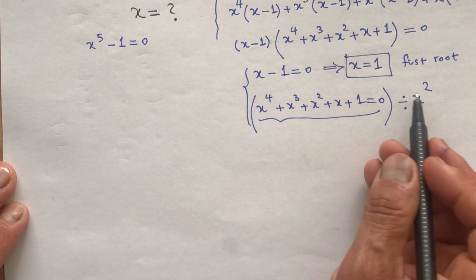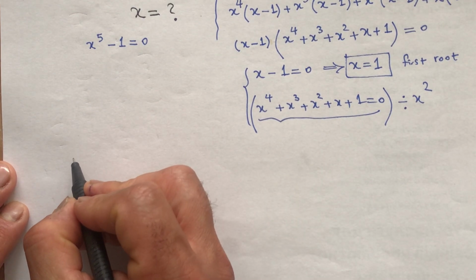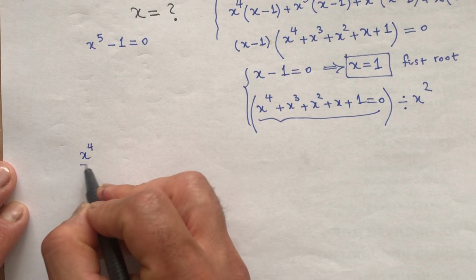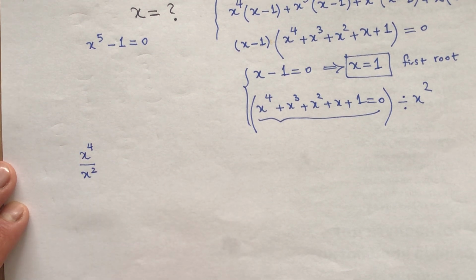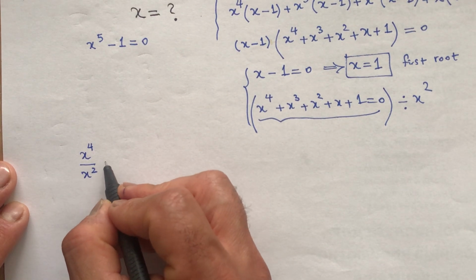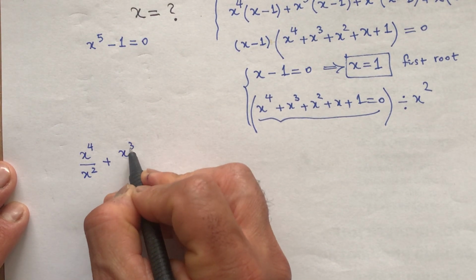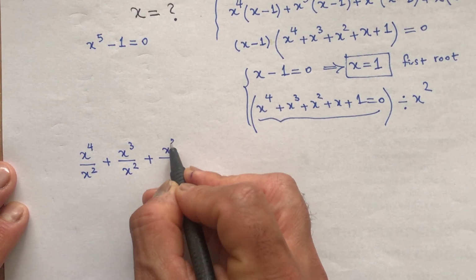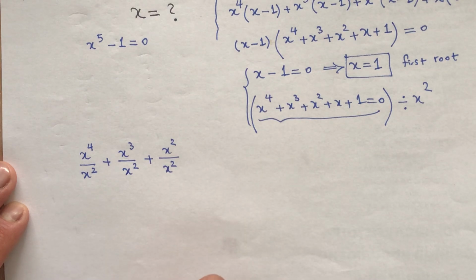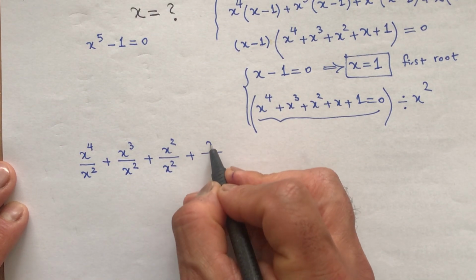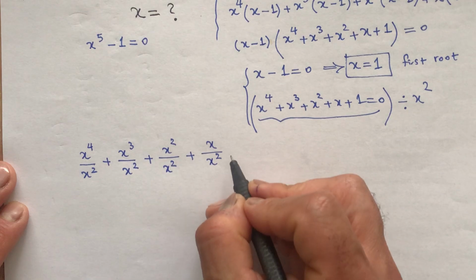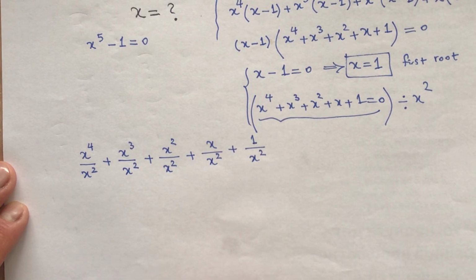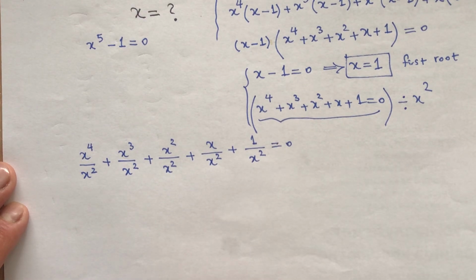Each of these terms should be divided by x squared: x to the power of 4 over x squared plus x cubed over x squared plus x squared over x squared plus x over x squared plus 1 over x squared equals 0.